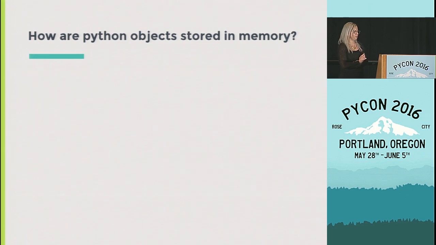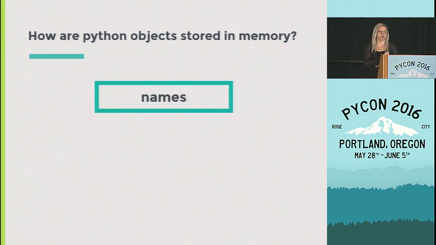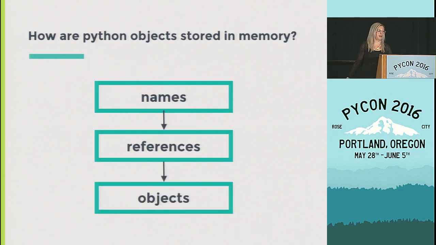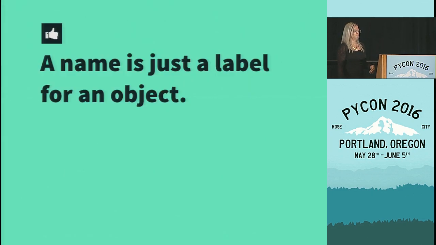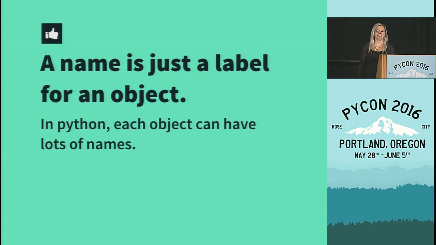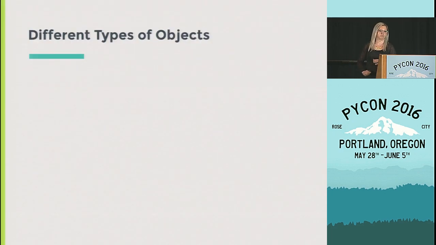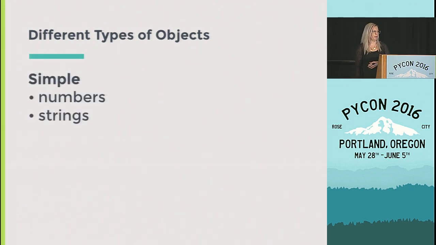How are Python objects stored in memory? Well, we have names, we have references, and we have objects. A name is just a label for an object, and each object can have lots of names. Those names reference that object. We have two different types of objects. We have simple objects like numbers and strings. Those simple objects are just that: they store their own value.